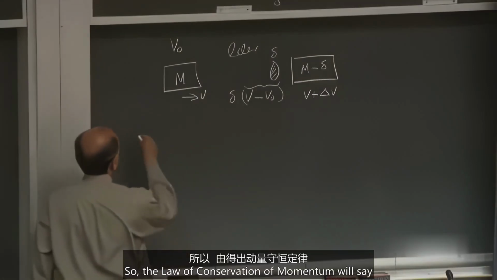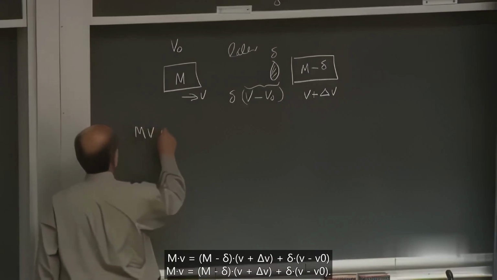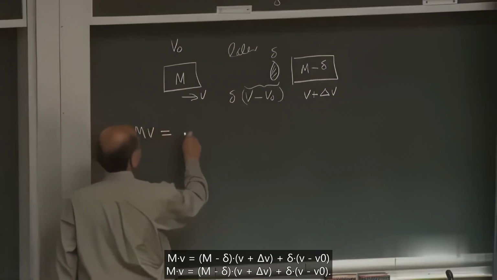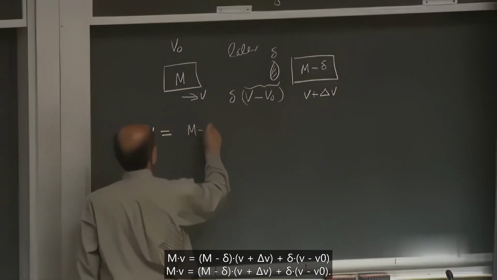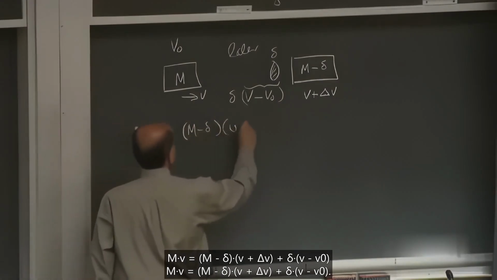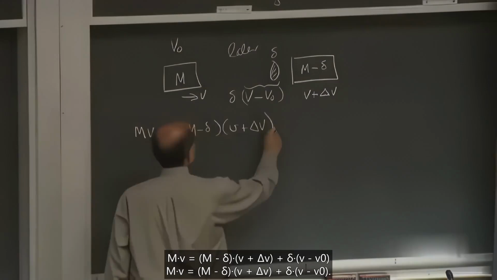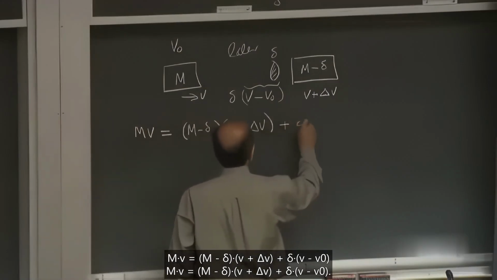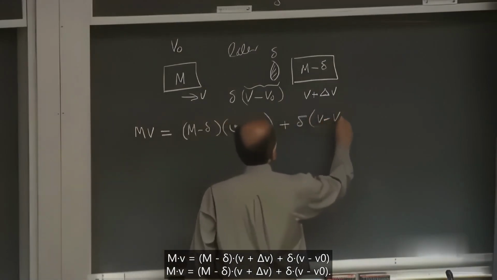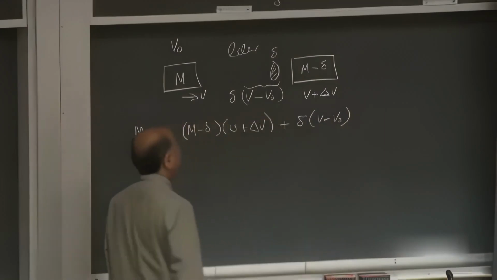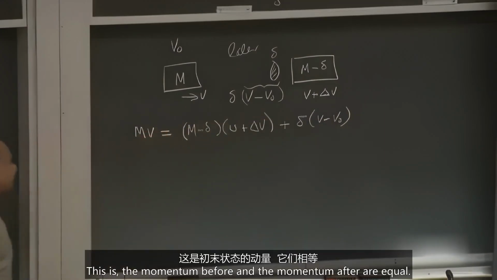So the law of conservation of momentum will say m times v is equal to (m minus delta m) times (v plus delta v) plus delta m times (v minus v0). This is momentum before and momentum after equal.